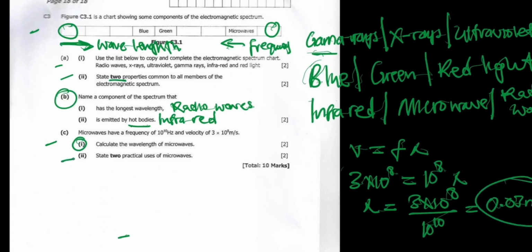And the last one says state 2 practical uses of microwaves. Well, you use microwaves in cooking. You also use microwaves in satellite communication.